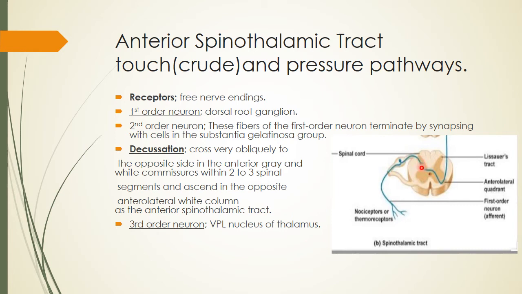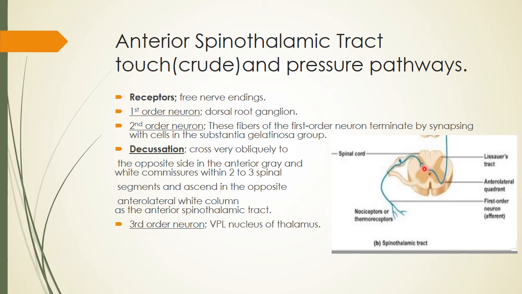Then this tract also consists of crossed fibers. The fibers cross very obliquely to the opposite side in the anterior gray and white commissures and reach the contralateral anterior white column.